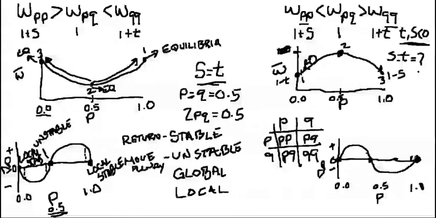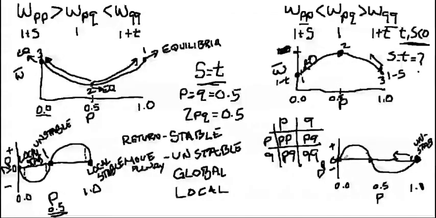That means I'm going to be getting smaller. The A2 allele is going to be increasing. The A1 allele's frequency is going to be decreasing. So we are going to move in this direction, which is the equivalent of moving uphill over here. So if I'm a little bit off from this equilibrium point, I move away from it. That makes it unstable.